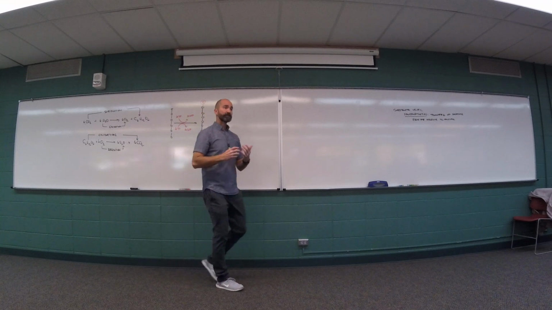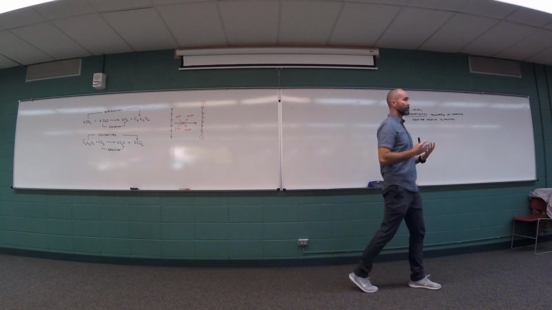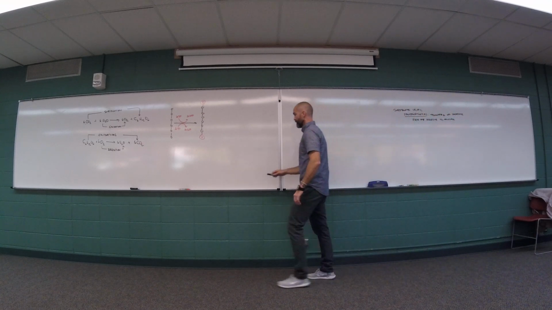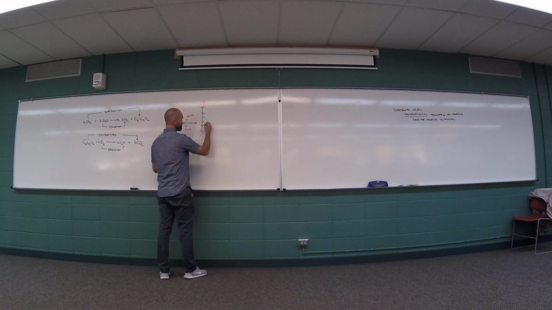Now, it becomes so destabilized that that 6-carbon molecule is actually going to break into 2 3-carbon molecules. So that's going to look something like this.